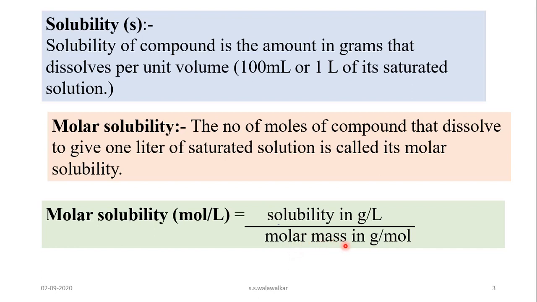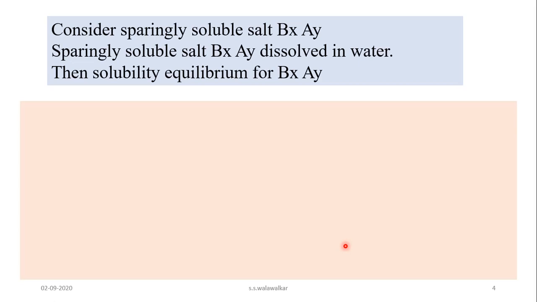Now let us study the relation between solubility or molar solubility and solubility product, that is KSP, for different types of salt. Consider a sparingly soluble salt, generally denoted by the general formula BxAy, dissolved in water.